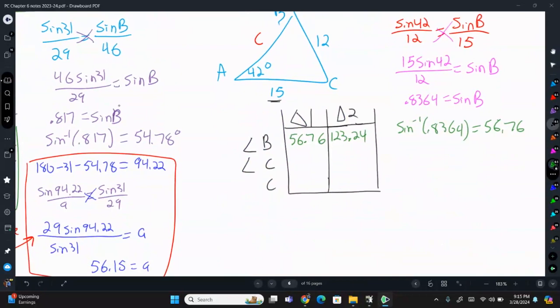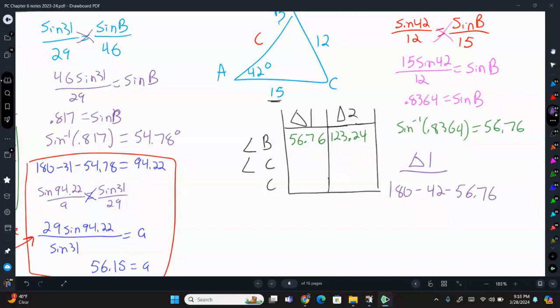All right, so now angle C. To get angle C in the first triangle, in triangle 1, we do 180 minus 42 minus 56.76.